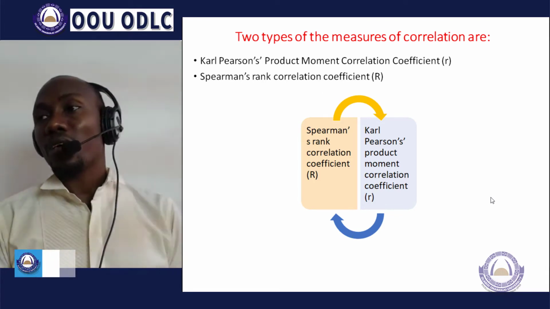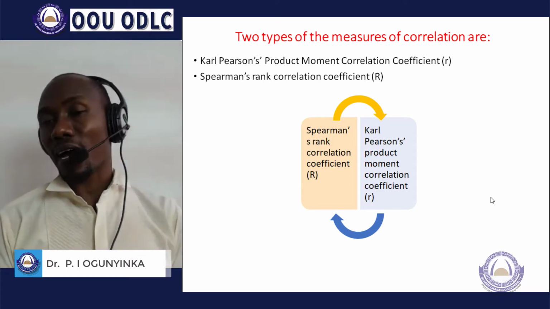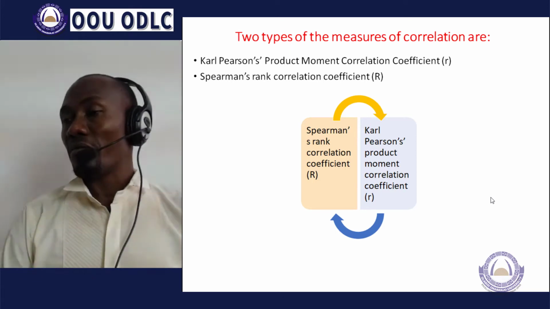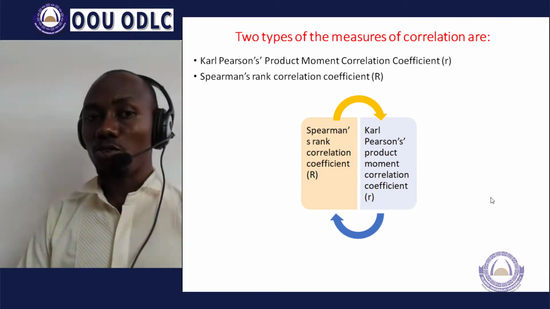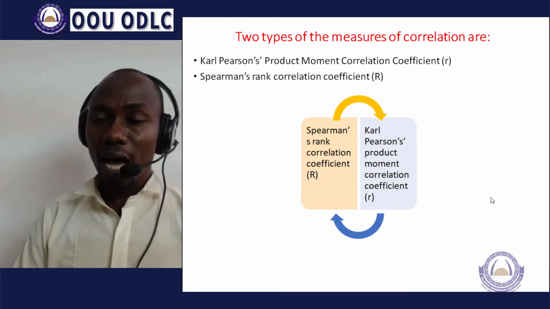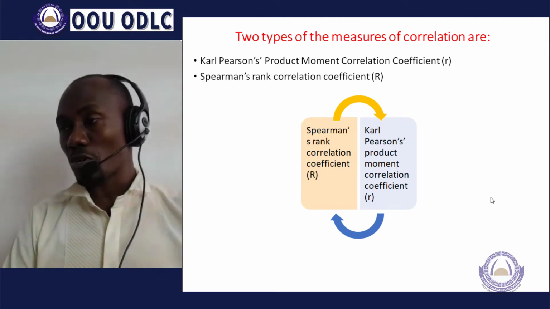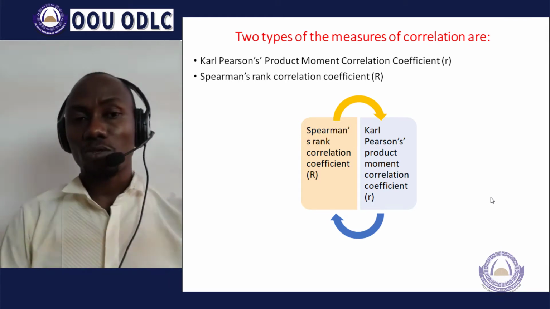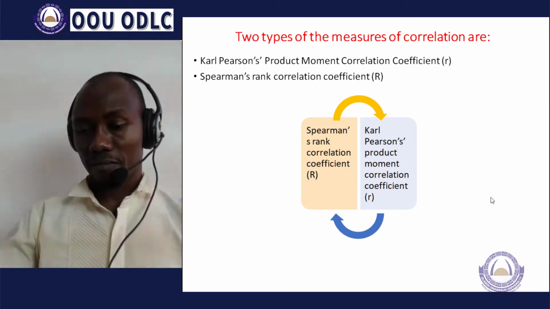The condition is this: when the data you are given, or the distribution, violates the normality assumption, then you make use of Spearman's rank correlation coefficient. On the other hand, if the normality assumption is obeyed by the data you are given, then you make use of Pearson's product moment correlation method.